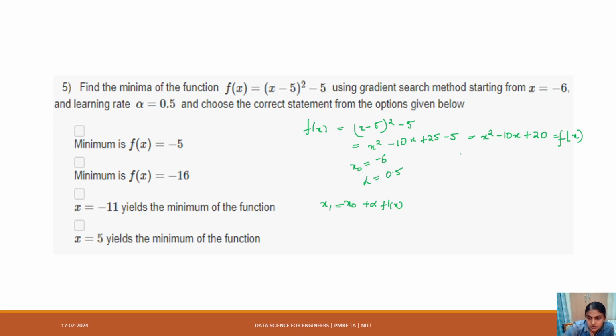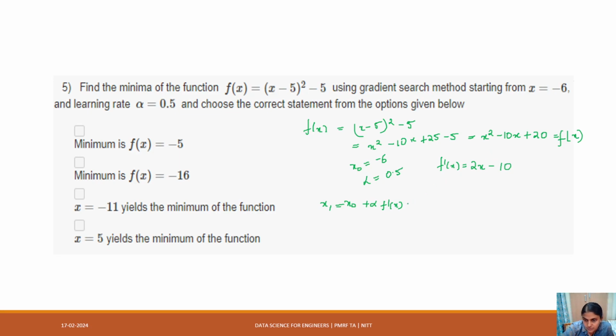So you have to find out f dash of x also. Earlier in the theory part we were looking at a bivariate optimization problem, so we had to find the del of f. Now since this one is univariate, you just have to find the first derivative. So it's 2x minus 10.